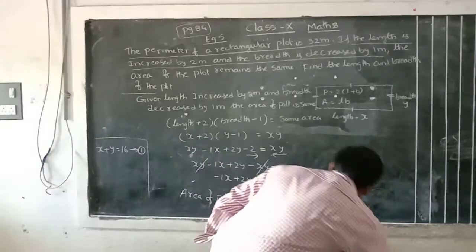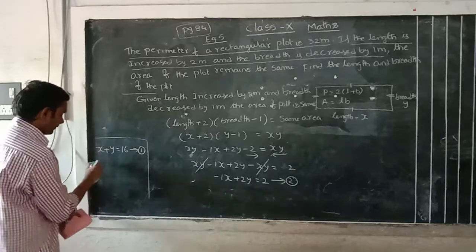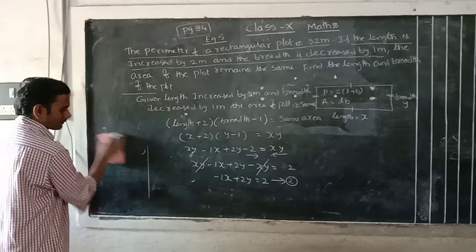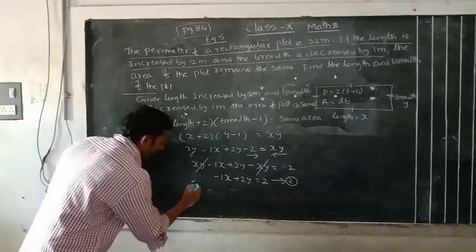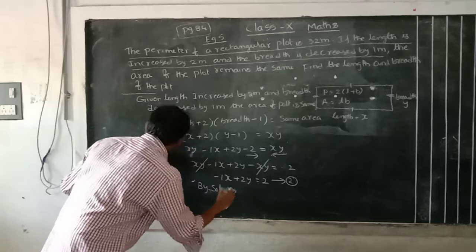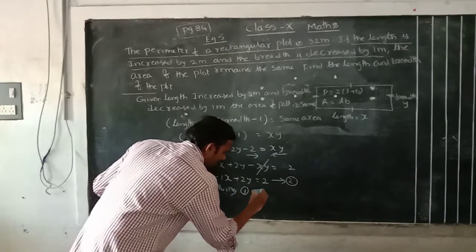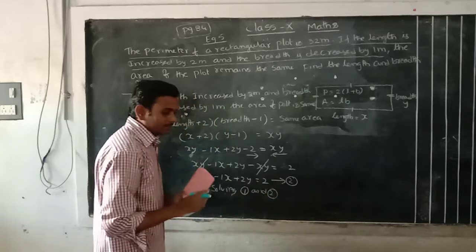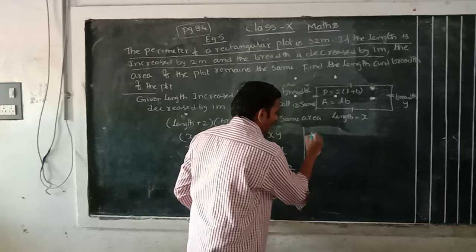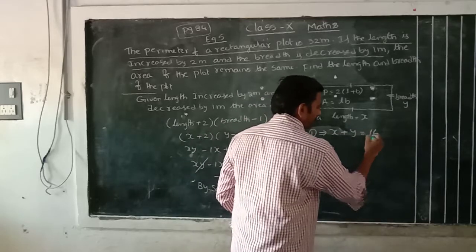Now we have to solve equations 1 and 2. What is equation 1? Previously we got x plus y equal to 16. That is the first equation.